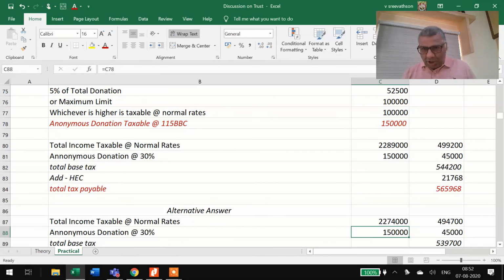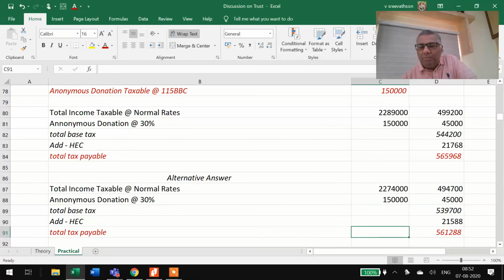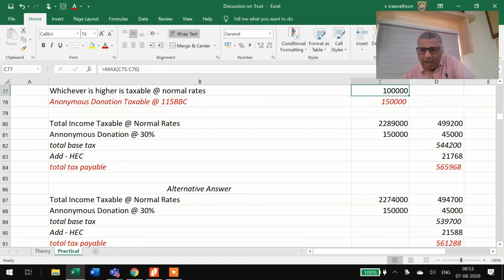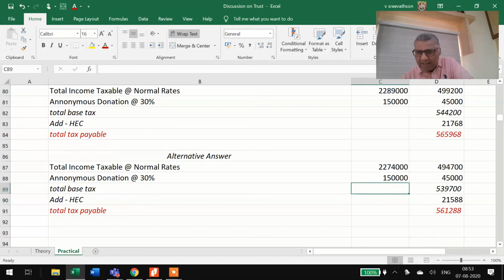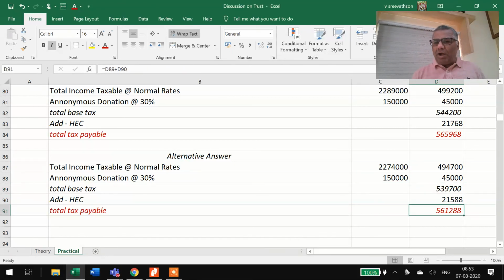Their contention is that 15% should be given for anonymous donation taxable at normal rates. 15% is set apart, because this is taxable at normal rates. It should also be provided here, and only 85% should be taxed, and the tax will reduce by a small quantum. I am not in agreement with that.